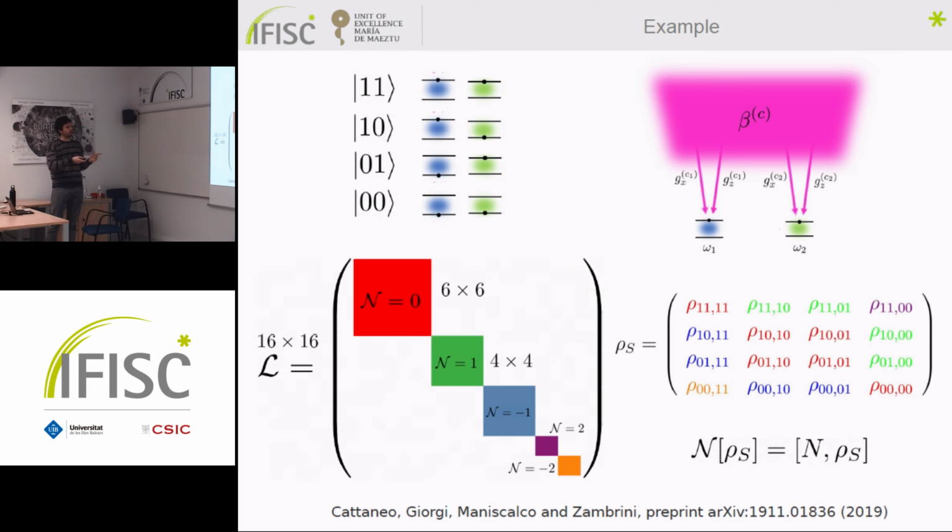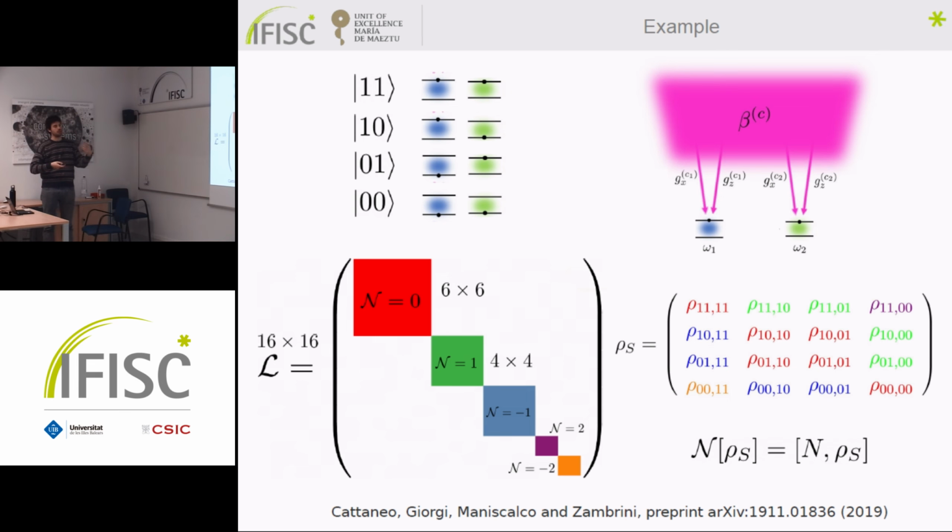And finally, I was mentioning before the steady state, the equilibrium state. We know that the equilibrium state of a system must be in this form. Let's say that I take this system, I make it evolve, and I get to the equilibrium at infinite time with my Liouvillian superoperator.